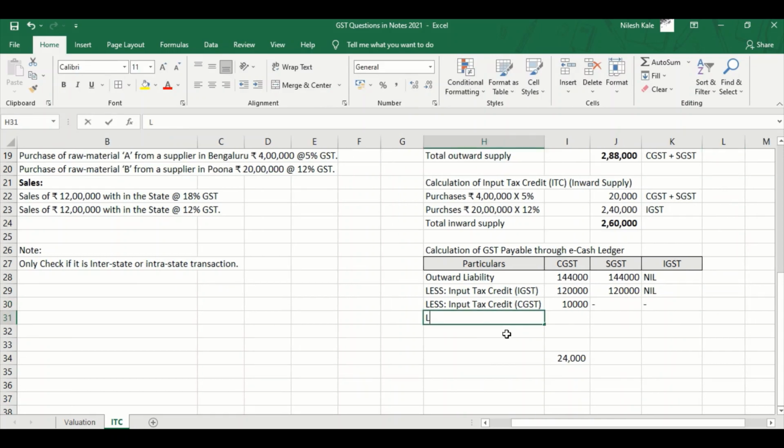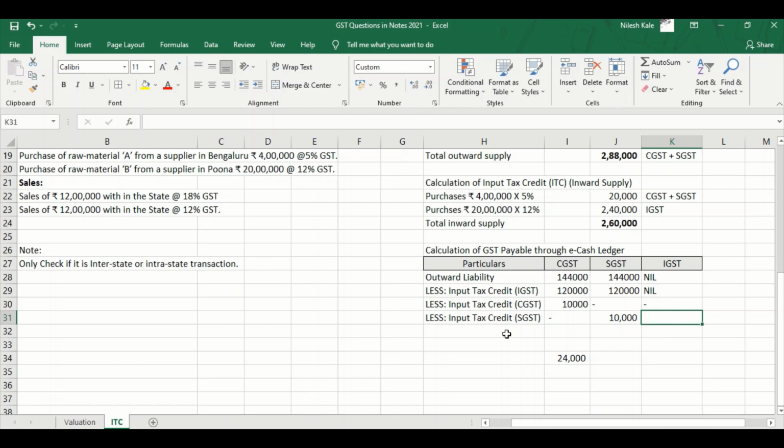Now here, less input tax credit of SGST. Here also I cannot do anything with IGST. Next is 10,000.